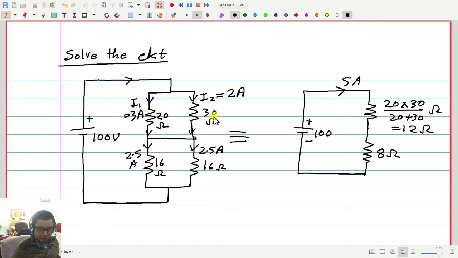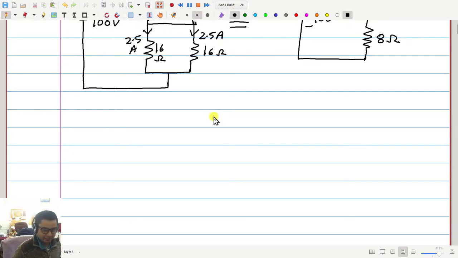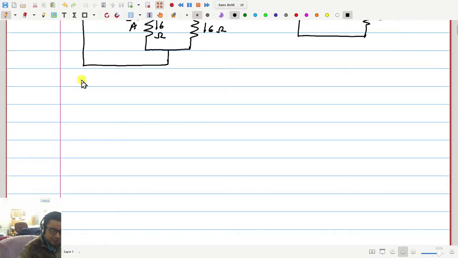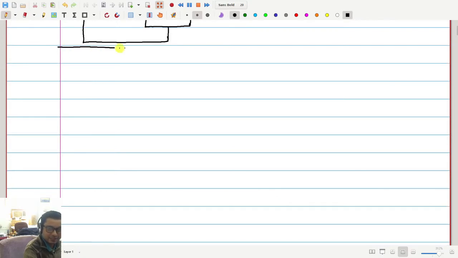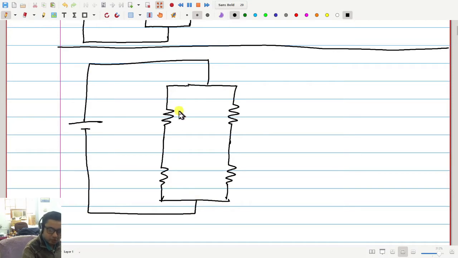So this problem was very simple for all of you. Let me now give you a slightly difficult problem. It is similar but not exactly the same.